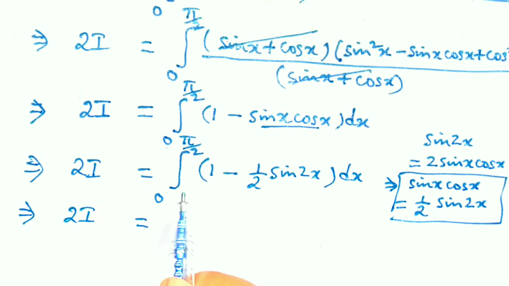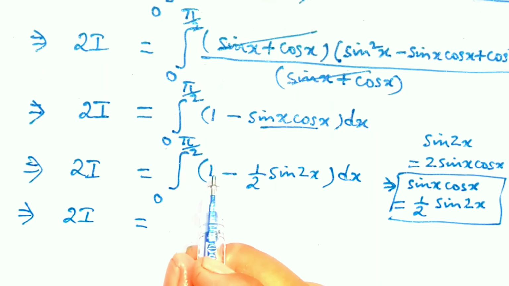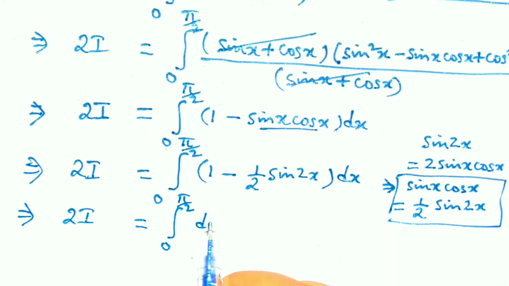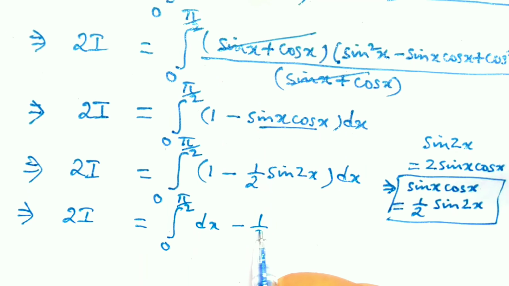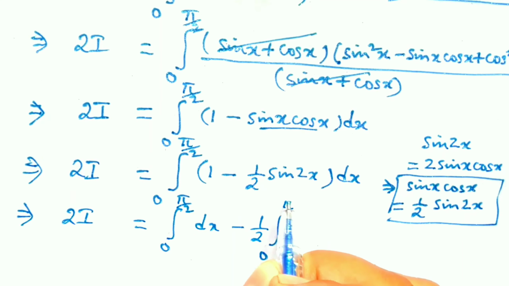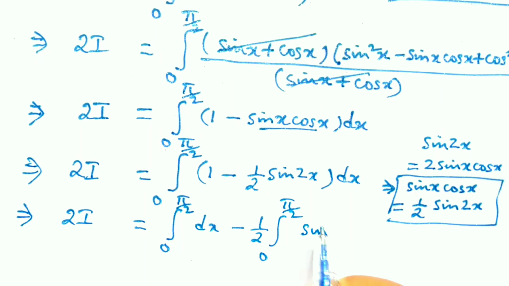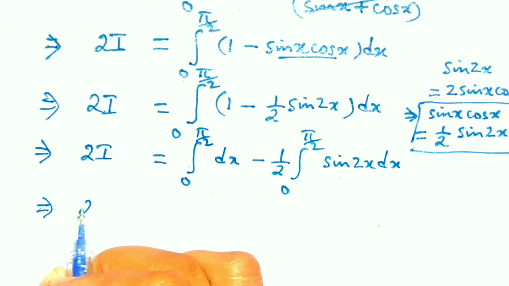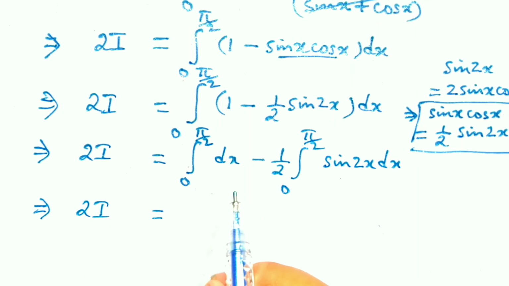Now integrate. Integration of dx minus half integration from 0 to pi by 2 of sin 2x dx.